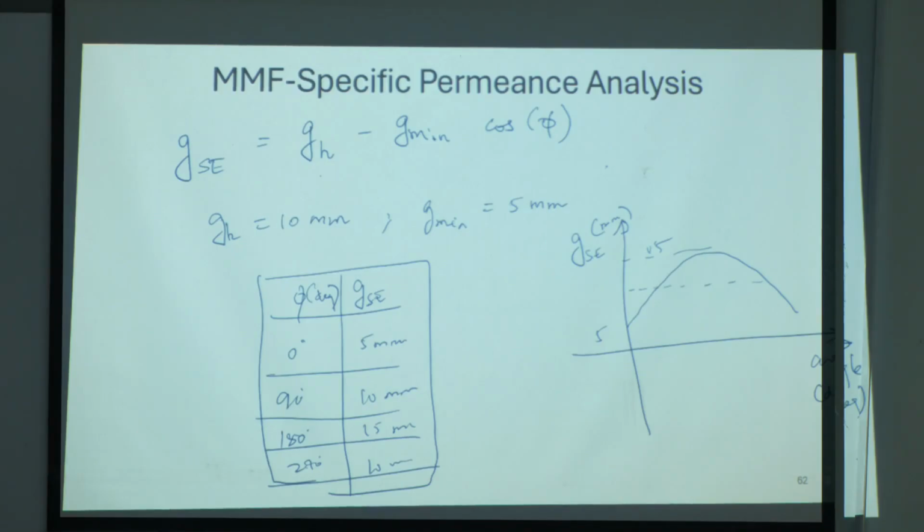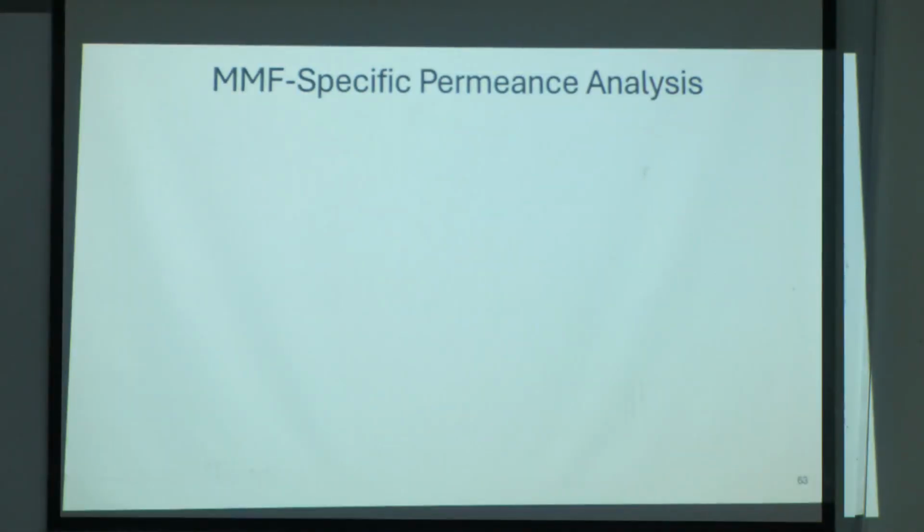For our analysis, we don't need an expression for air gap. What we need is permeance, and we know that permeance depends upon the inverse of air gap. So permeance under static eccentricity depends upon 1 over the gap under static eccentricity, that is 1 over G healthy minus G min into cos phi.